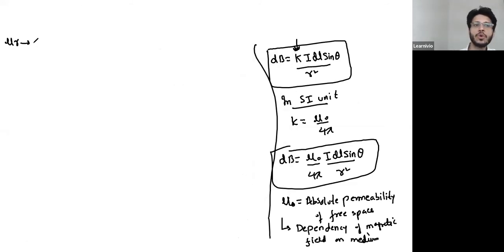Mu r is just like the dielectric constant. In electrostatics, we have dielectric constant. In magnetics, instead of dielectric constant, we have mu r, which we call relative permeability.